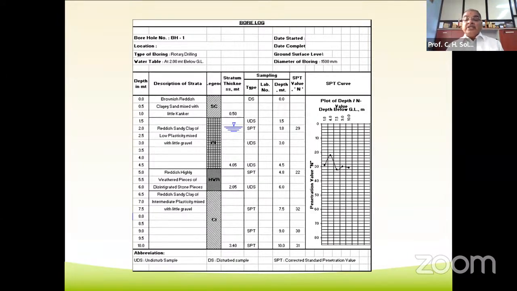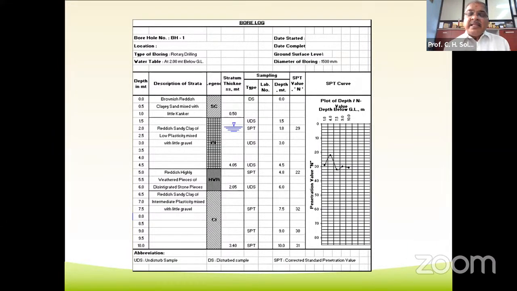So what are the results obtained at which depth? The corresponding depth has been mentioned in the next column. What is the N value in the field? It has also been presented here, corresponding to the SPT test and the depth at which it is mentioned. So based on this, the field results are kept here.